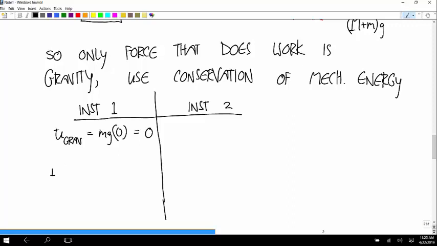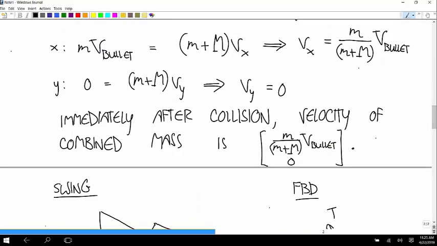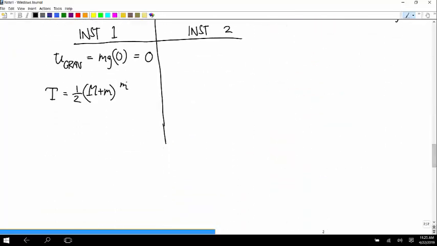And the kinetic energy is 1/2 times the mass of the system, that's the sum of the two masses, times the speed squared. And the speed is this thing that we calculated. So that's little m squared over the quantity big M plus little m squared times v bullet squared. Any questions about that?